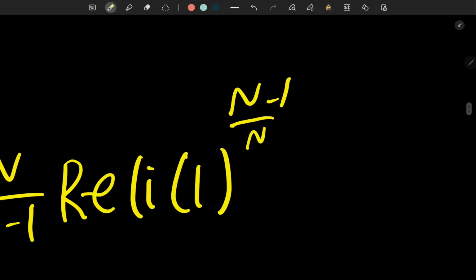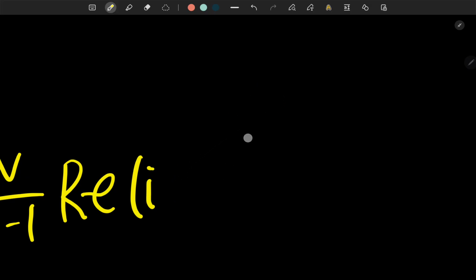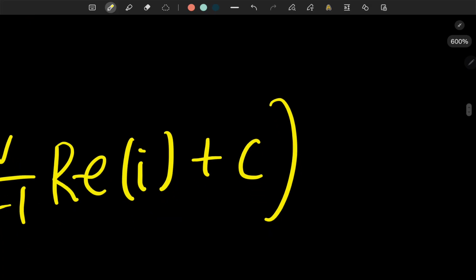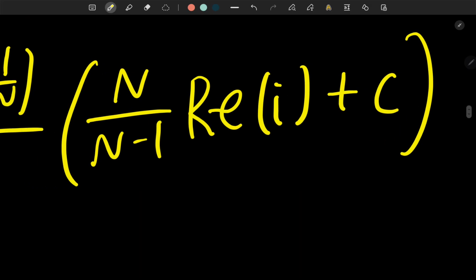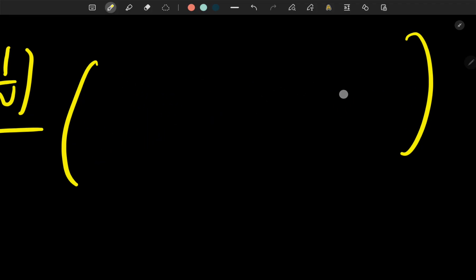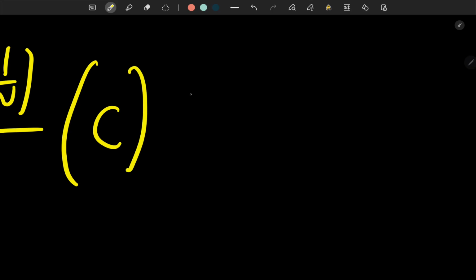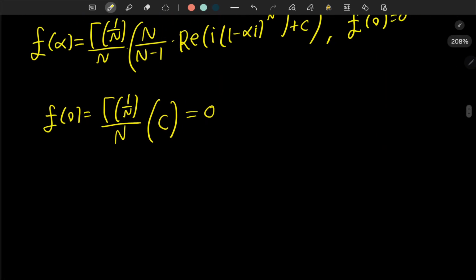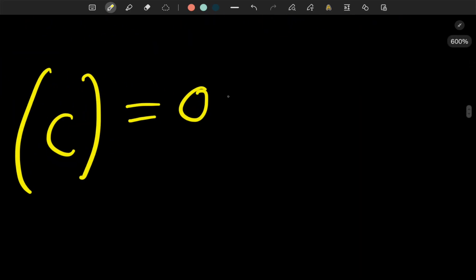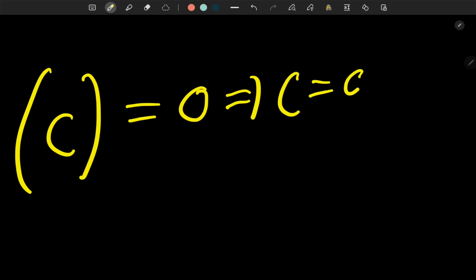N minus 1 over n, well, 1 to any real number is just equal to 1. So times 1, which is just equal to I, plus c. But the real part of I is 0, so this right here is just 0. So it's just going to be times c is equal to 0. Well, if that's equal to 0, that means c also has to equal 0. So this right here implies that c is equal to 0.